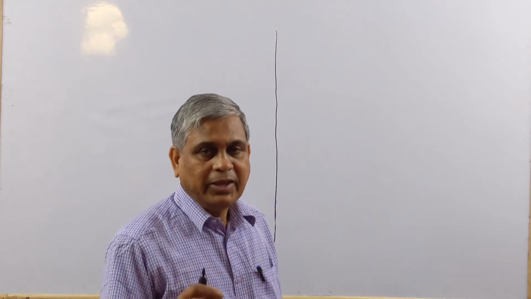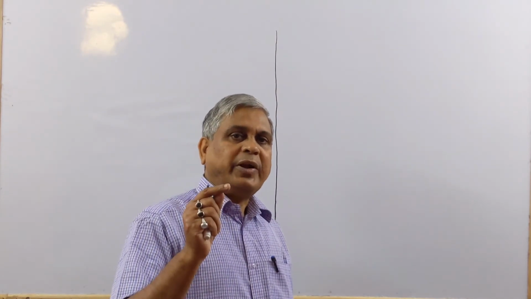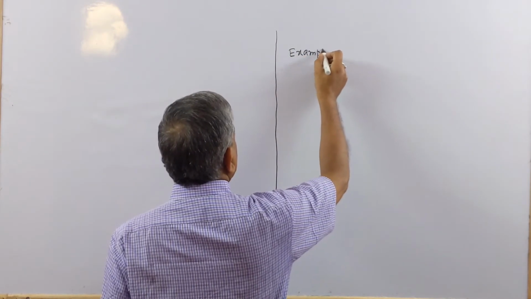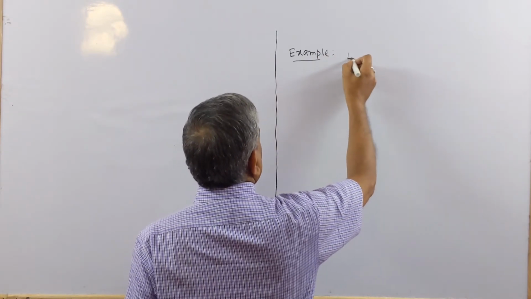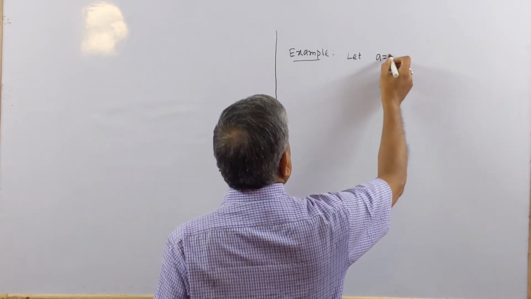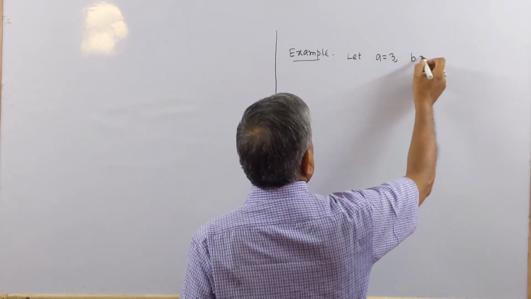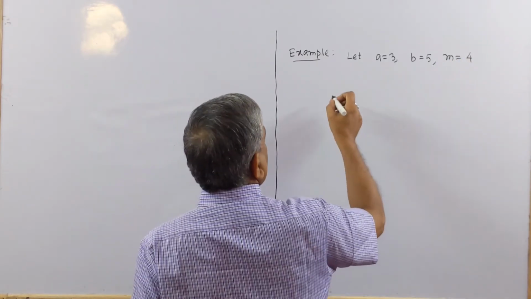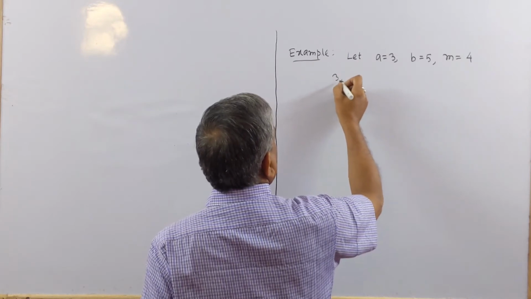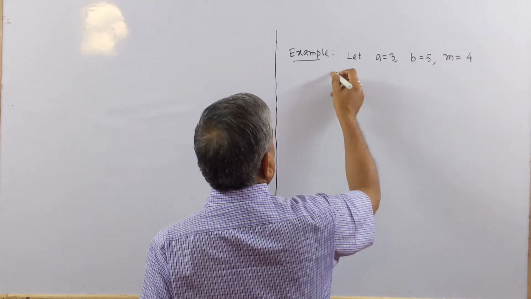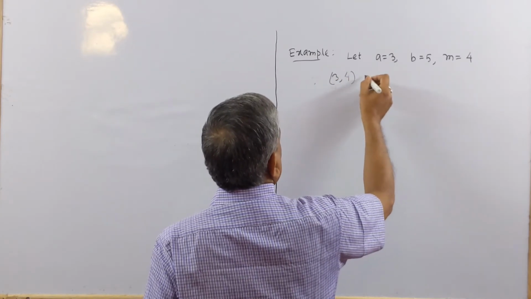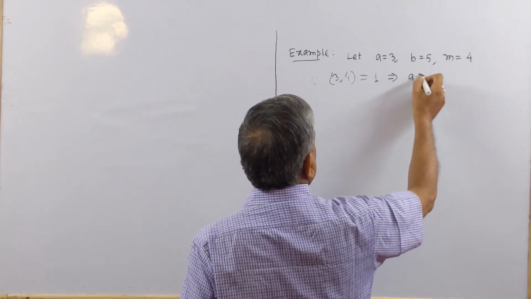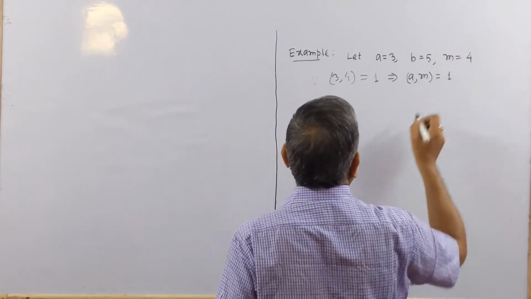Now we verify the theorem for a particular example. Example. Let a equal to 3, b equal to 5 and m equal to 4. Here GCD of 3 and 4 equal to 1, implies that GCD of a and m equal to 1.